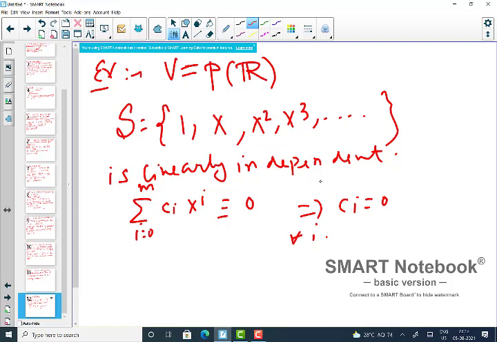Okay. So one question is, what happens to the empty set? Do you say something about the empty set? The empty set is always linearly independent, because linear dependence would require some elements. Now, if you have a singleton set with a non-zero element, that is also linearly independent.